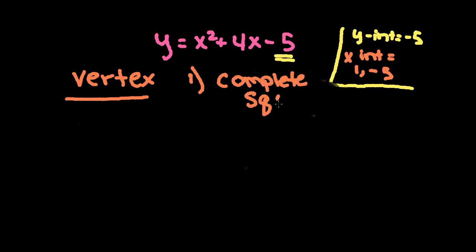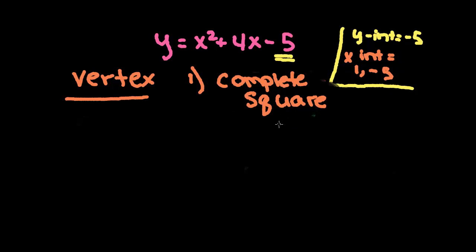If you don't know how to complete the square, we have a video on that. And again, it's not really a hard process, and you're going to need to learn it eventually anyway in order to complete high school. So I recommend you might as well learn it now because it's very helpful in solving quadratics and finding vertexes.